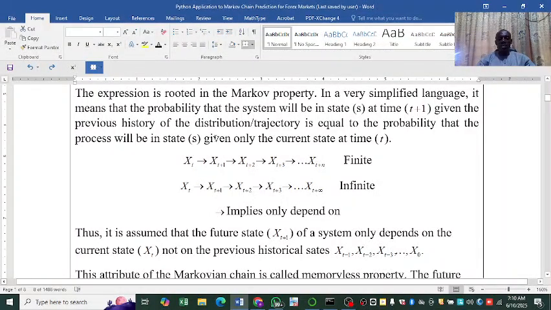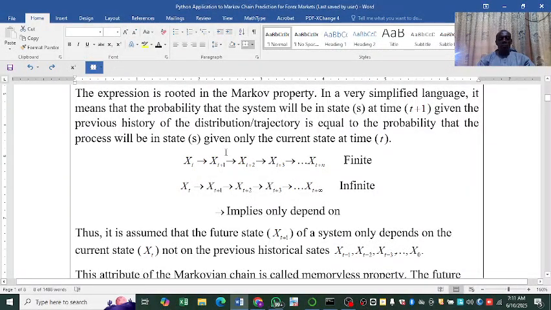This simply means that the future event at time t plus 1 depends on the event at time t, the current event. While the event at time t plus 2 depends on the event at time t plus 1 and not on time t. Then the event at time t plus 3 depends only on the event at time t plus 2.